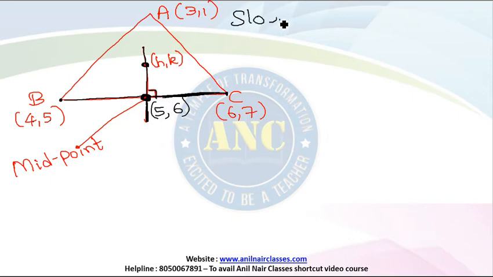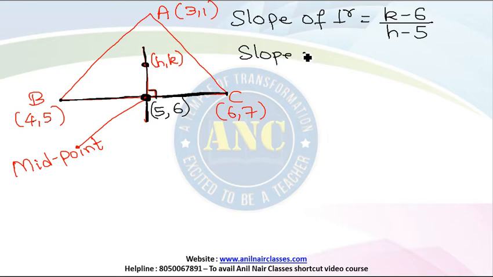The slope of the perpendicular is y2 minus y1 by x2 minus x1, that is 6 minus k, or I can write it as k minus 6 also, over 5 minus h, or I can write it as h minus 5, right? K minus 6 divided by h minus 5 is the slope of the perpendicular, and that line is perpendicular to this BC. So let me also find the slope of BC.